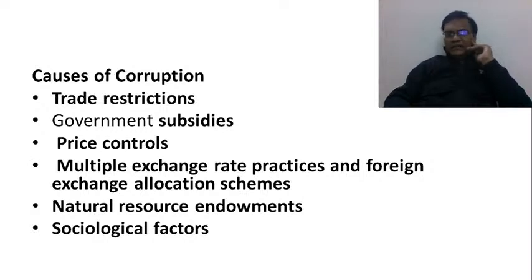Then we also have these economic factors. As you can see on the screen here, trade restrictions will result in more corruption. For example, the license quota permit Raj.